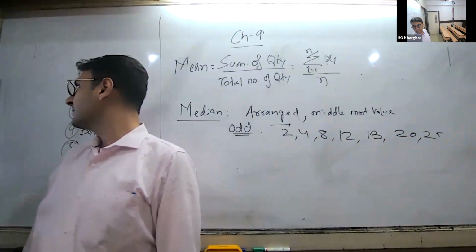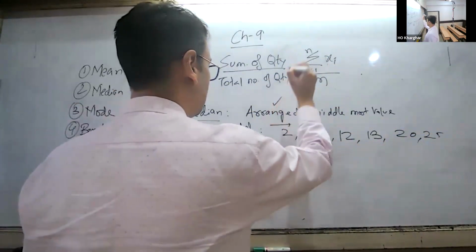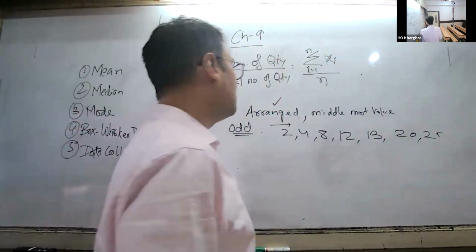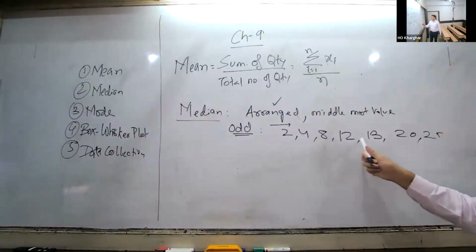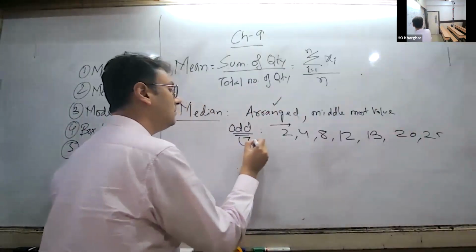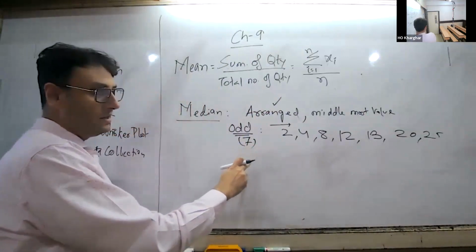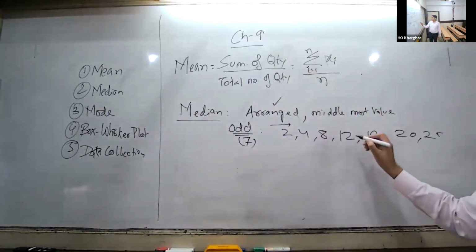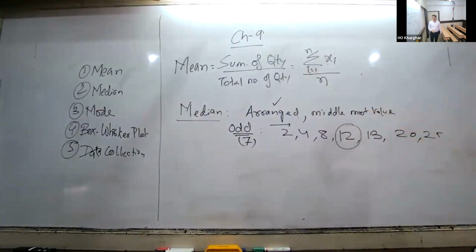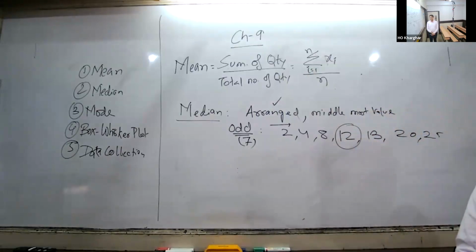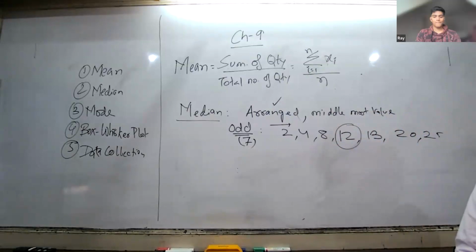So this part is already done. If not given as arranged, please arrange them. And then I go to the middlemost value. So I have 1, 2, 3, 4, 5, 6, 7. Now, 7 values is an odd number. 7 divided by 2 is 3.5, so you take the next integer, which means the fourth value. This is the median of the given data set. Let me know if you want me to repeat.